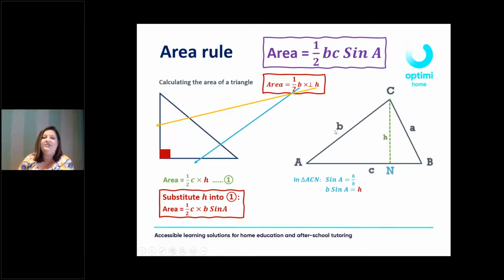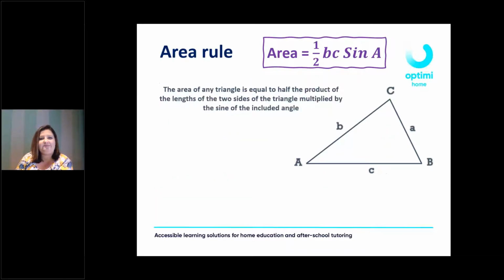Now, of course, I can move it to half BA sin C or half AC sin B, and still make use of this equation. So this equation is what you need to know. What we've done over here is just to show you how we got to this formula.